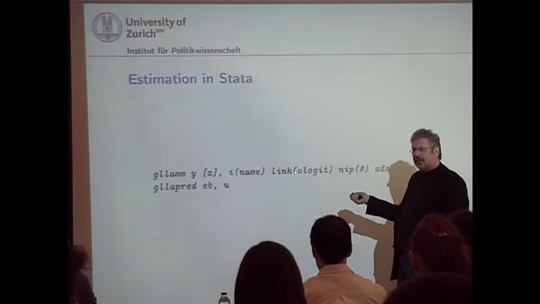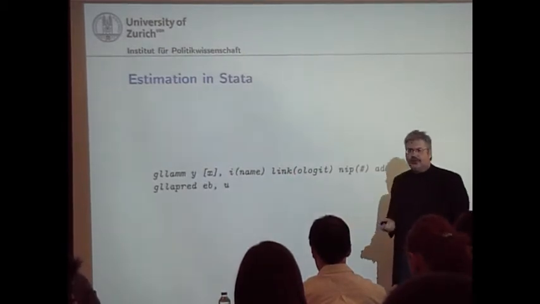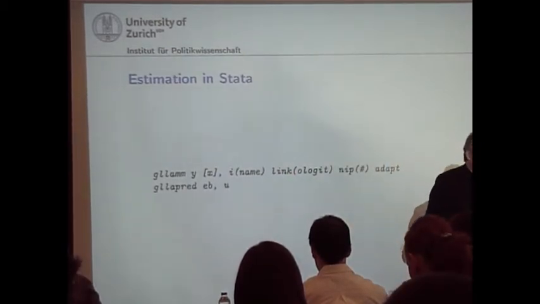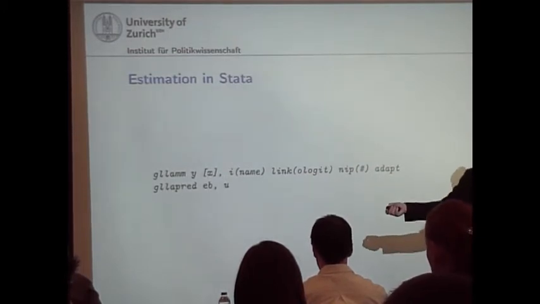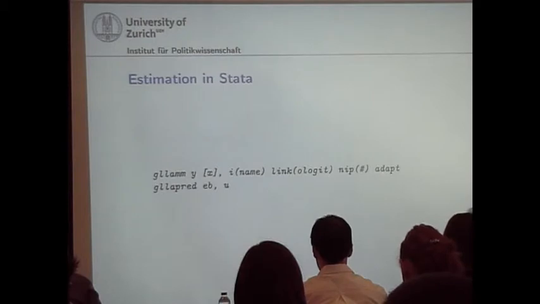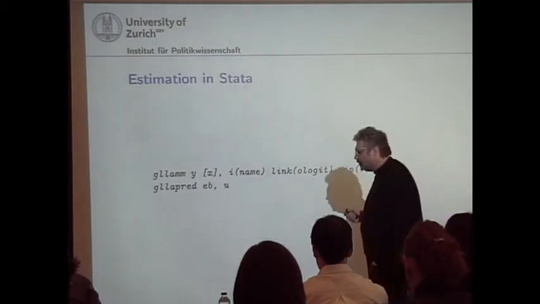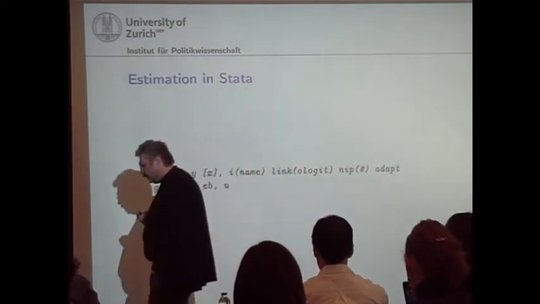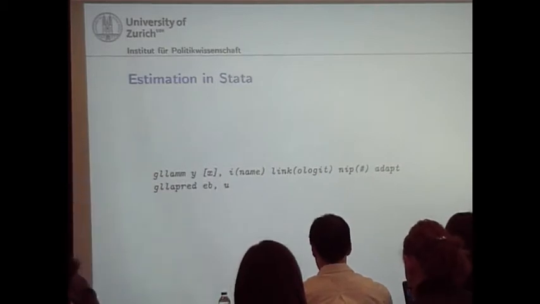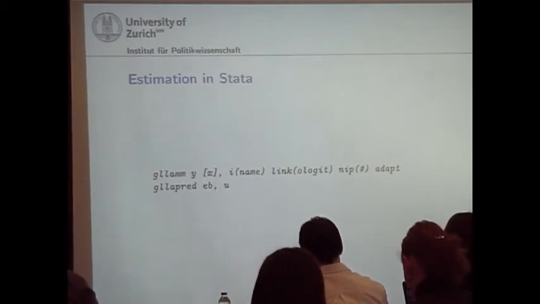The link function is now an O-logit link function, which stands for ordered logit. And the second line here is just, again, to get empirical Bayes predictions, which I will use in a moment to show you a little bit how the cut points vary across the districts.